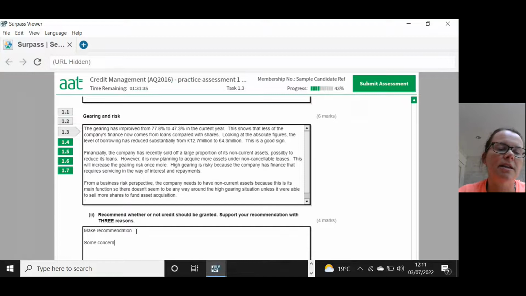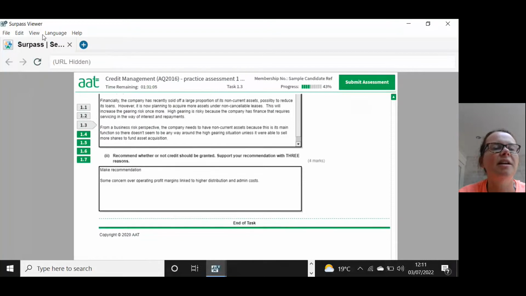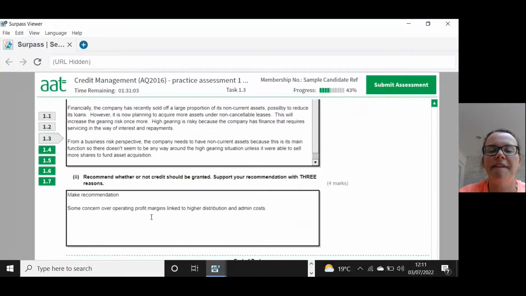So some concern over operating profit margins linked to higher distribution and admin costs. Right, so I mean, again, I would probably go as far as to have spaces between each point so they can really clearly see, that's 1 mark, that's 1 mark, that's 1 mark.